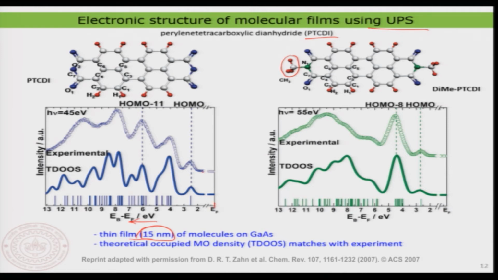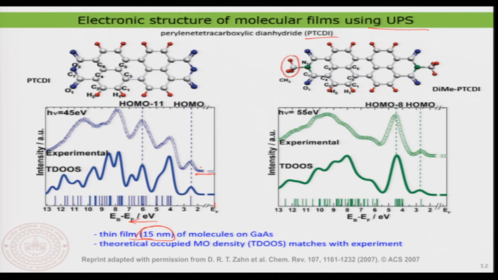In the experiment you see that for a region of about 2 electron volts there is no density of states, or no electrons coming out of the material, because it is a semiconducting organic molecule which has a clear HOMO-LUMO gap. Because of that you have a flat region with no density near the Fermi energy.